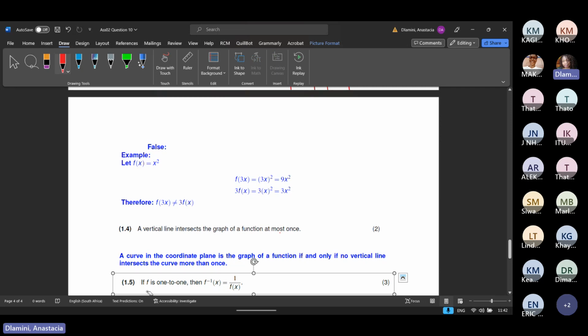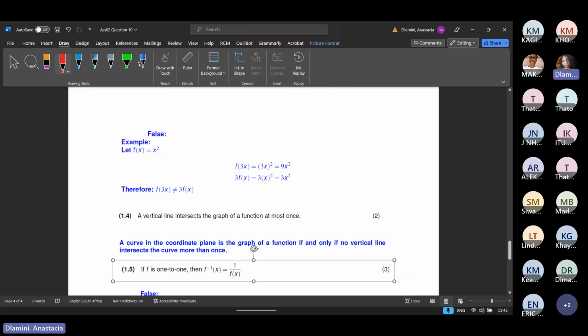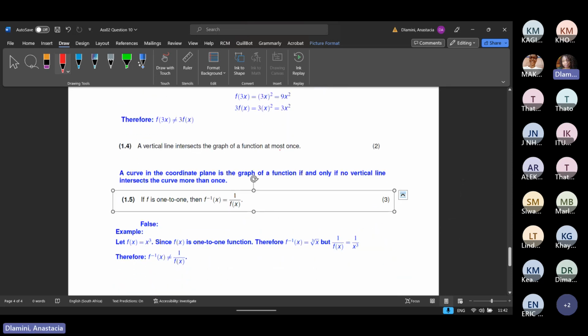So they say that if f of x is one-to-one, then the function is equal to that. But this is false. The reason is the statement one-to-one, and I want us to look at that in the other session. But they are saying that the inverse of a function is the same as one over the function.